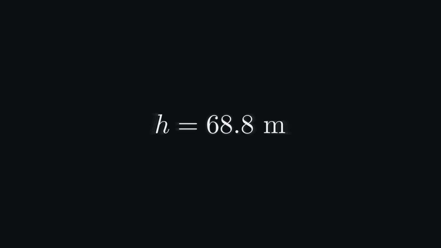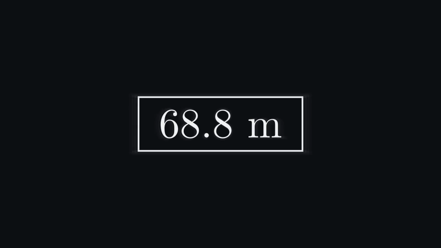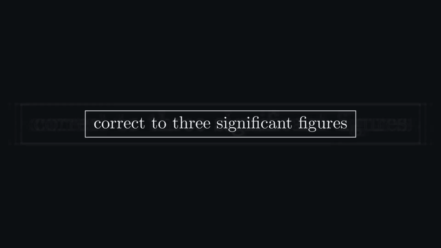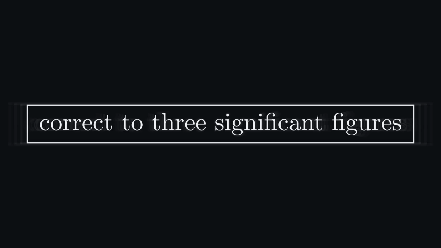Substitute x equals 50. This gives h equals 68.8 meters. Therefore, the height of the pole is 68.8 meters, correct to 3 significant figures. This framed result is the final answer for the question.